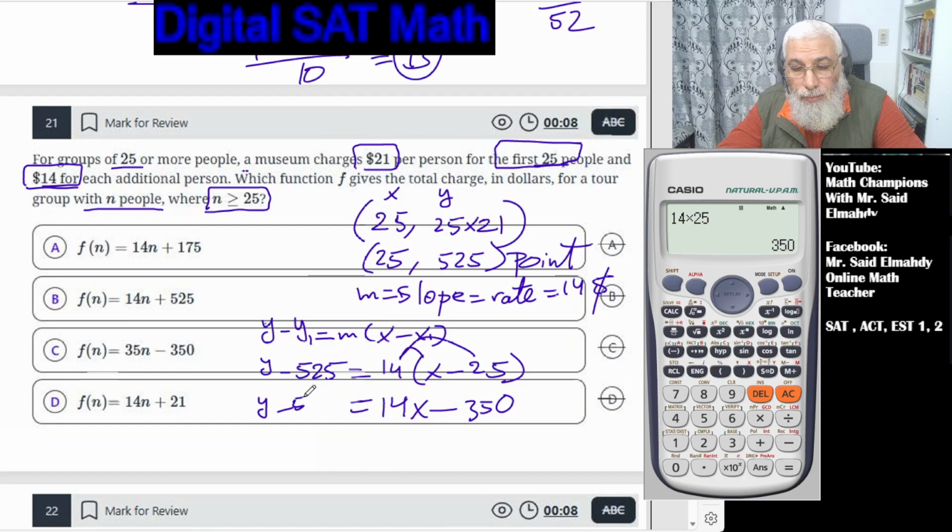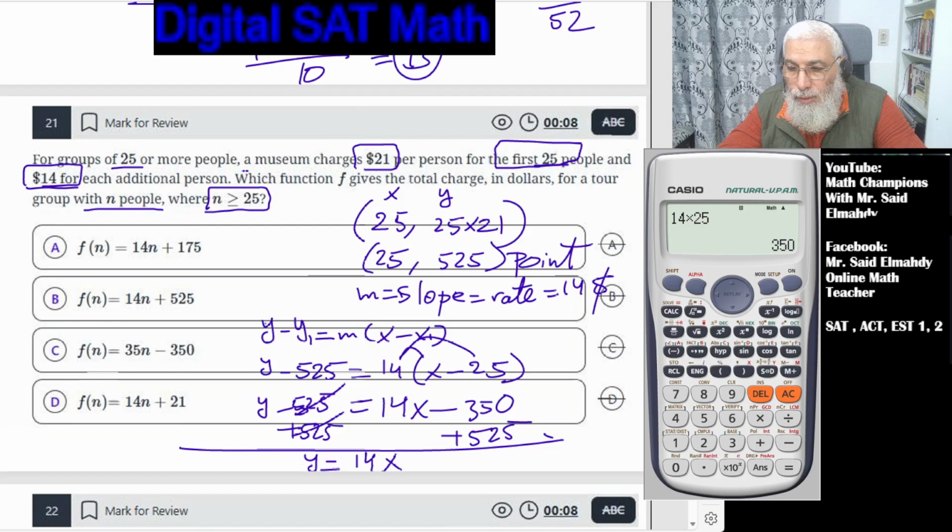Then we add 525 to both sides, so y is equal to 14x plus 525 minus 350, which is 175. So the answer is 14x plus 175.